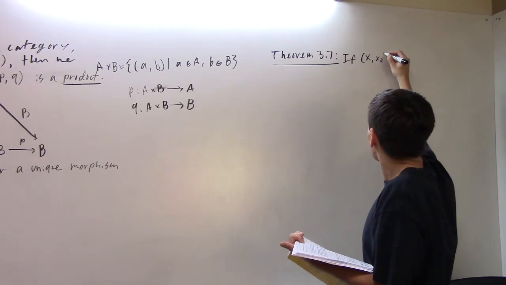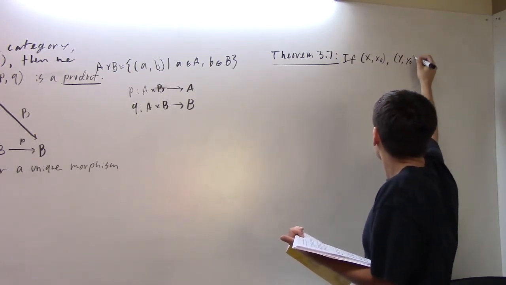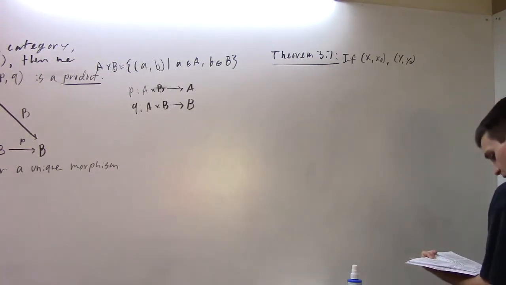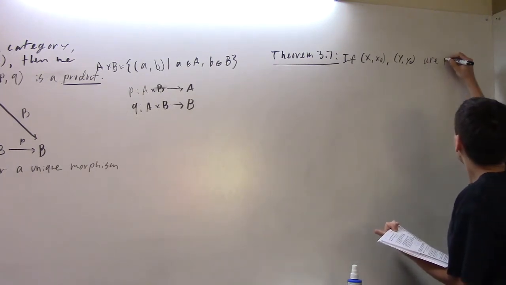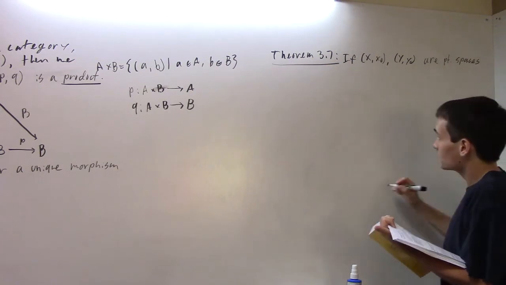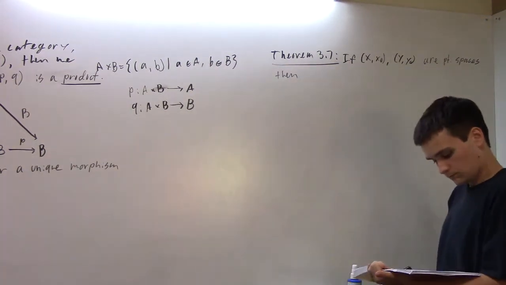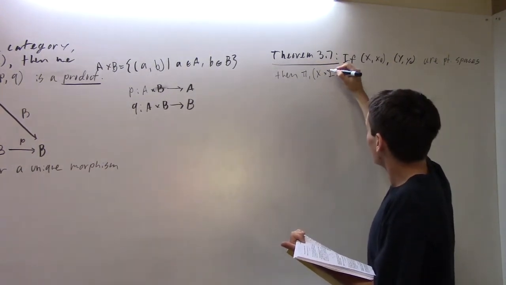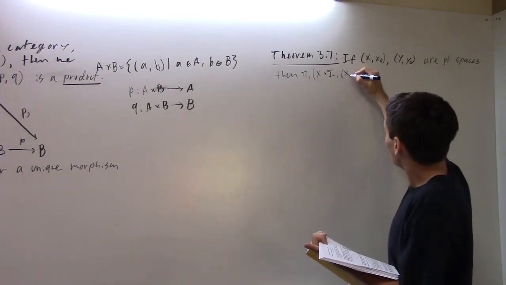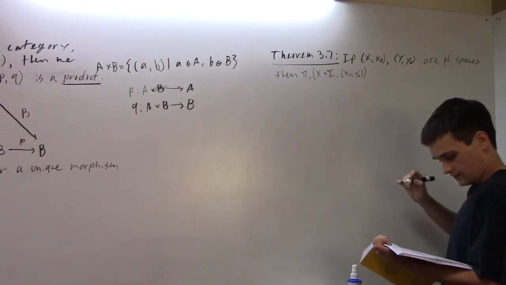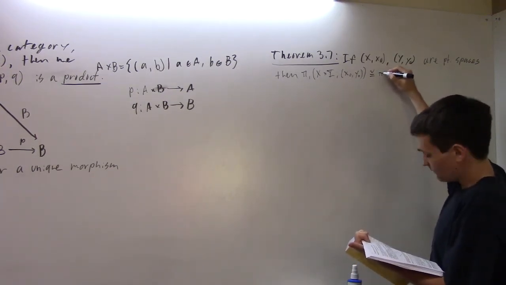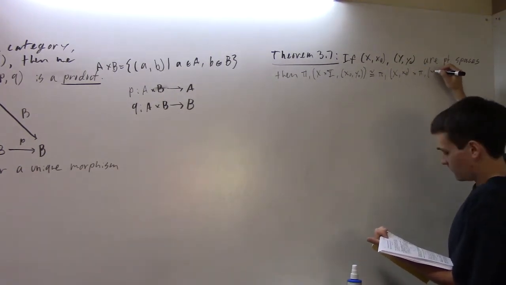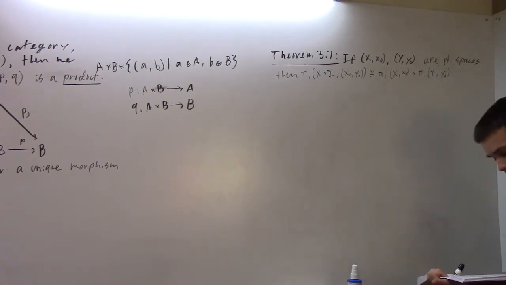If (X, x₀) and (Y, y₀), I should probably move this chair here, are pointed spaces, continue on without me if I leave, okay, then π₁(X × Y, (x₀, y₀)) is isomorphic to π₁(X, x₀) × π₁(Y, y₀).